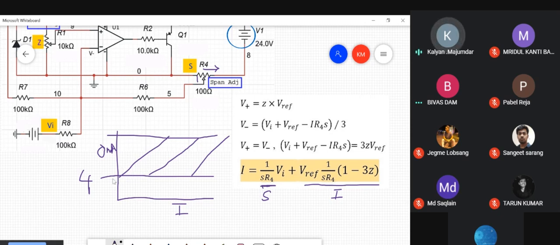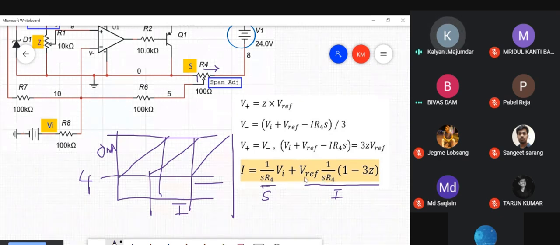Here the span is the same: this is the span for the first transmitter, this is the span for the second transmitter, this is the span for the third transmitter. The 3 spans are the same, but the zeros are different. The value of input for which you get 0% output, 4 milliampere output, is different. The intercepts are different, so this determines the zero of the transmitter.